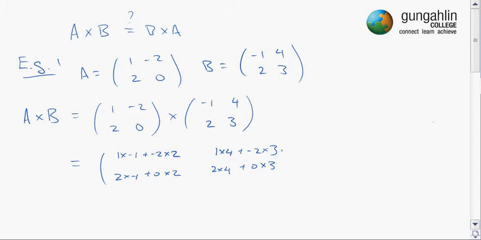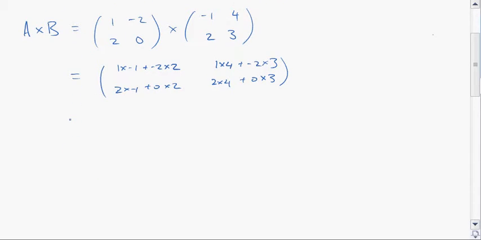So let's simplify this out. 1 times -1 is -1, plus -2 times 2 is a -4. 1 times 4 is 4. -2 times 3 is -6, so 4 minus 6. 2 times -1 is -2, plus 0 times 2 is plus 0. 2 times 4 is 8, plus 0 times 3 is 0.